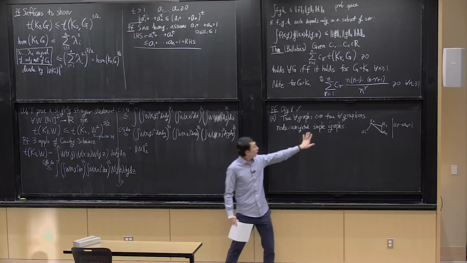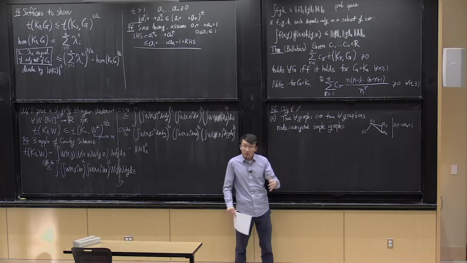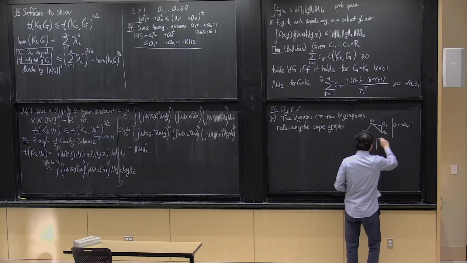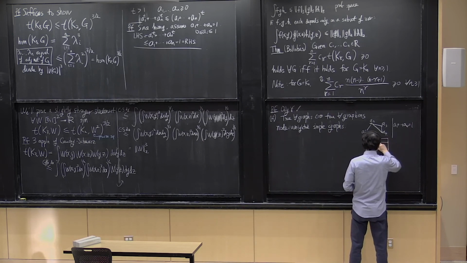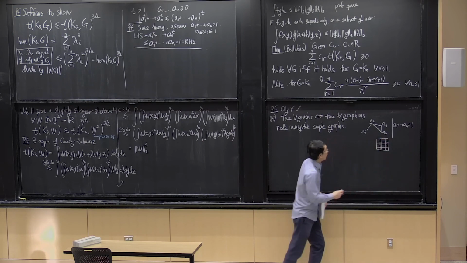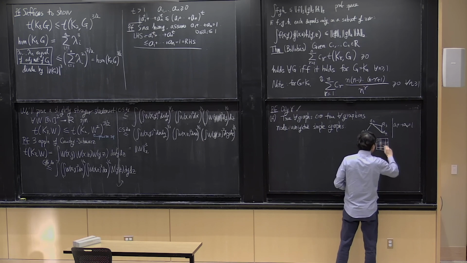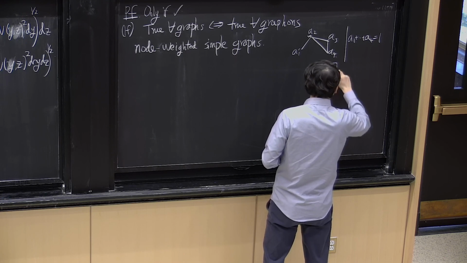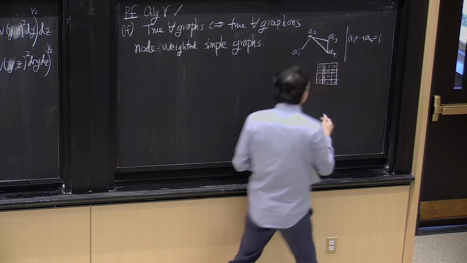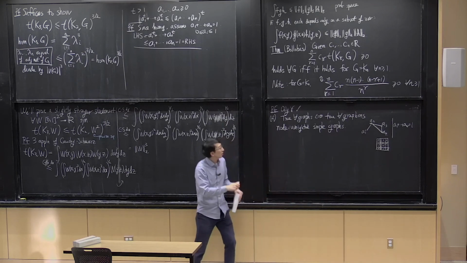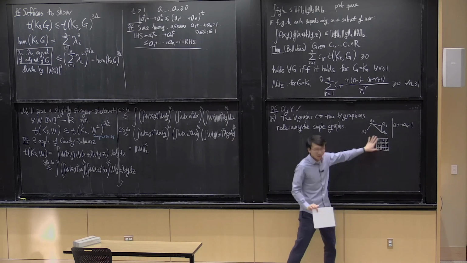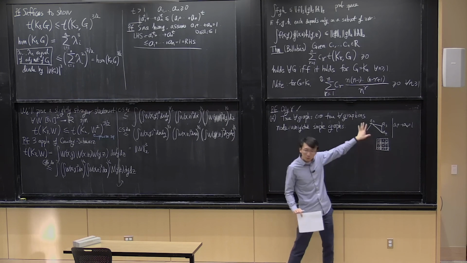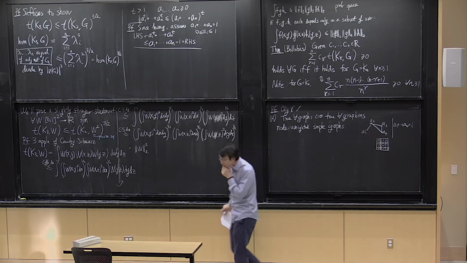Now, you see that each graph like that, you can represent it by a graphon. So you can have a graphon. They're not meant to be the same picture, but you have some graphon like this, which corresponds to a node-weighted graph.